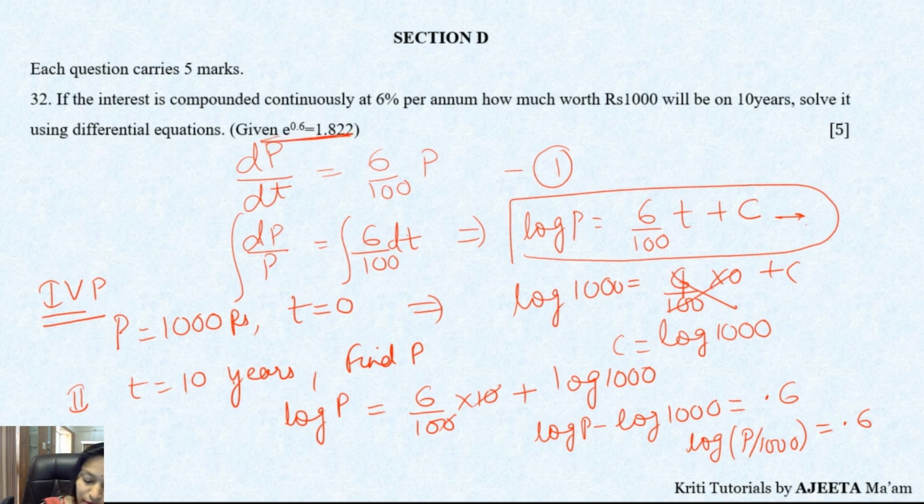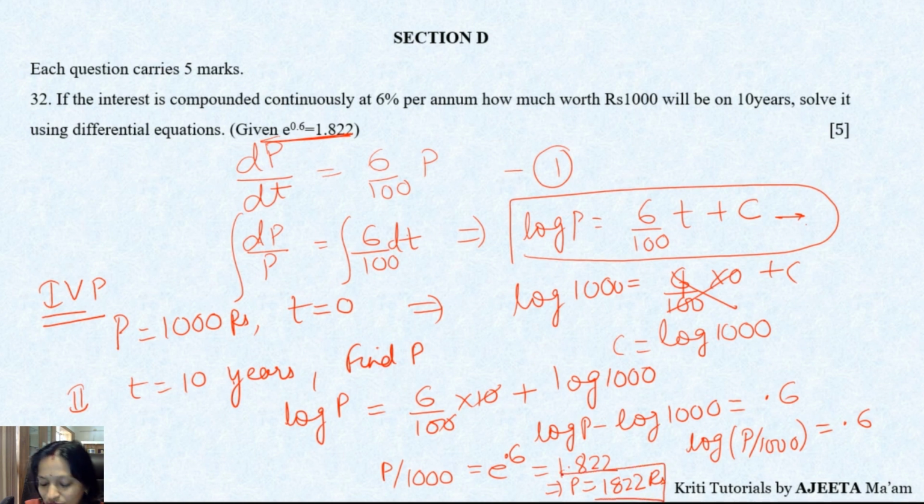So now let's convert it into exponential. Why will we convert it into exponential? Because e to the power 0.6 is given to you. So P upon 1000 will become e to the power 0.6, and the value is 1.822. So P will become what? P will be 1822 rupees.